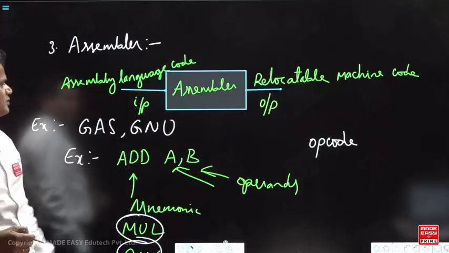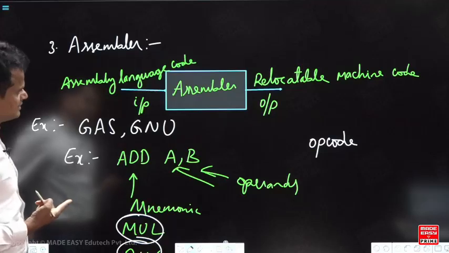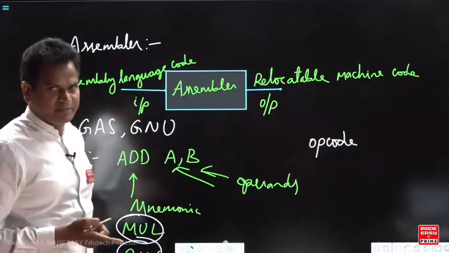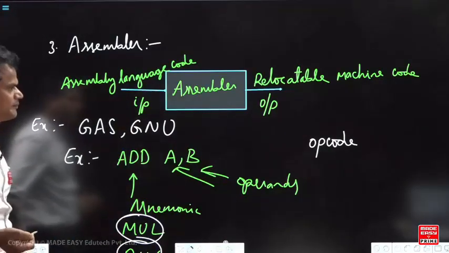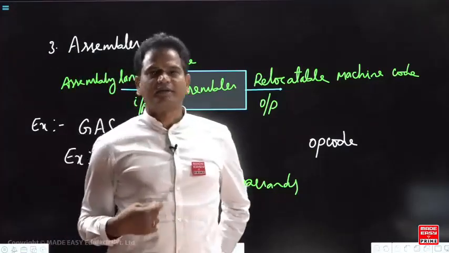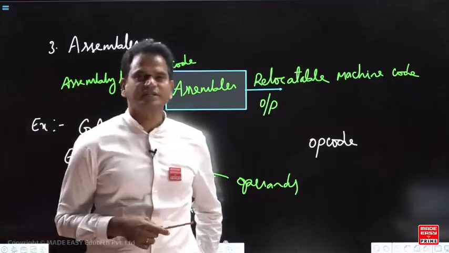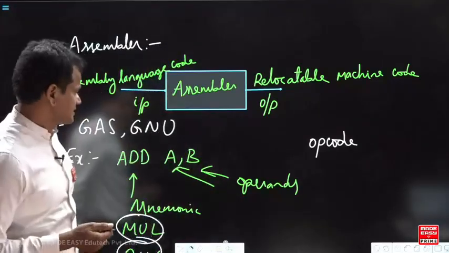And I think I have dictated that assembler is platform dependent. So this is about language translators: compiler, interpreter and assembler. Next one is language processing system.